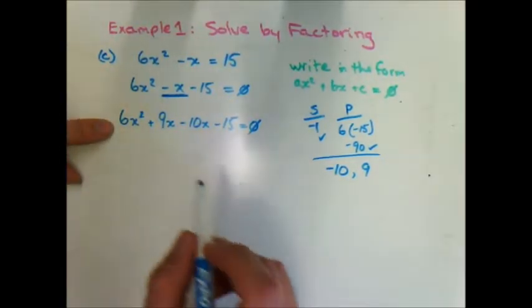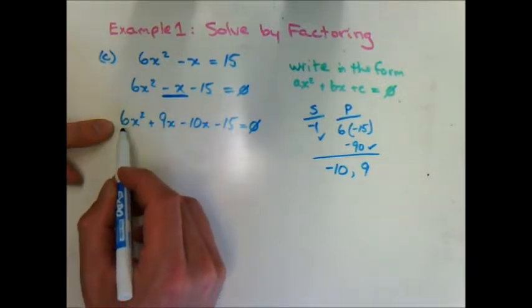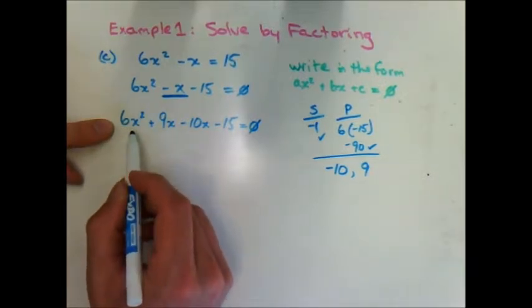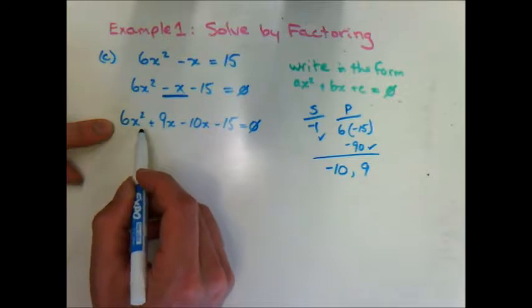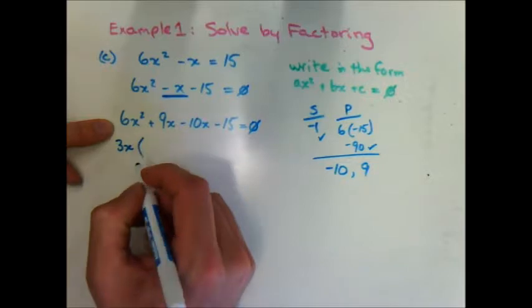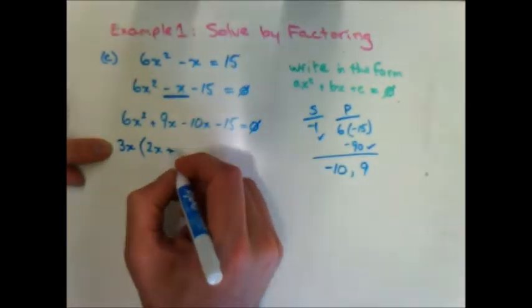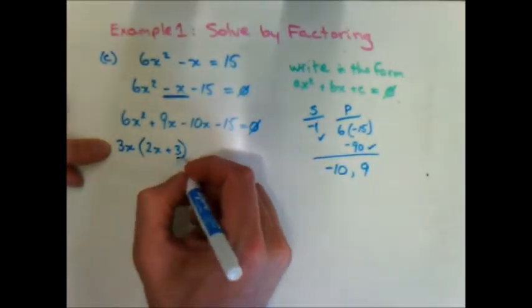What can we factor out of these first two terms? I can factor out a 3 from the numerical part of each term, and I can factor out the x of the variable part. So we are going to have 3x on the outside here, which leaves us with 2x. And out of this term, we're left with 3.